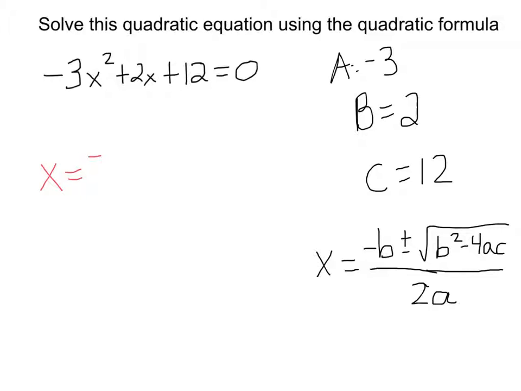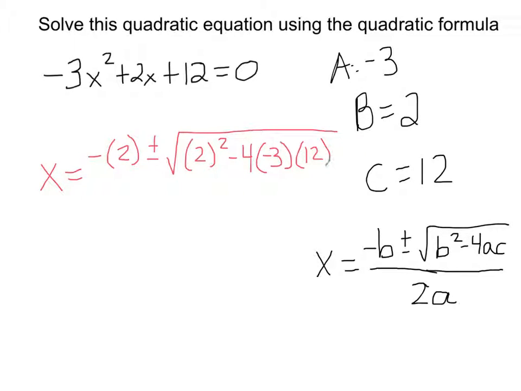What's B? 2 plus or minus the square root of B squared, so 2 squared. Notice that every time you put a number in for a letter, you should put that number in parentheses. Did I do that? Minus 4 times A times C all over.